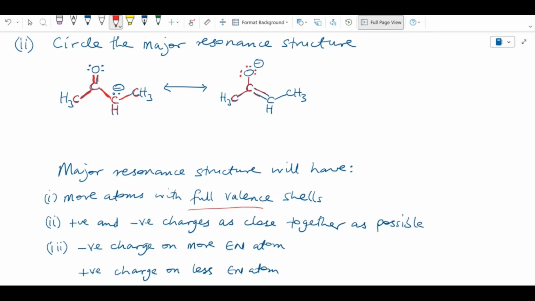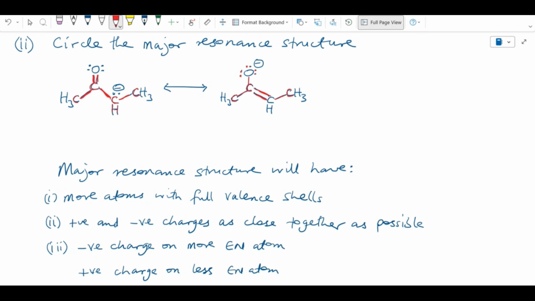The other carbon has 2, 4, 6, plus the bond to the hydrogen, making 8. This one has 3 bonds to the hydrogen, making 6 electrons, plus these electrons here, making 8. So all the atoms in both structures have full valence shell. So rule number 1 doesn't help us.